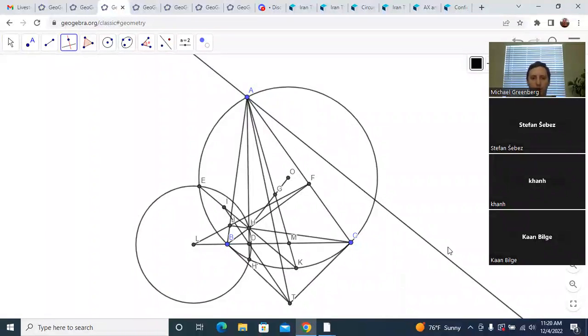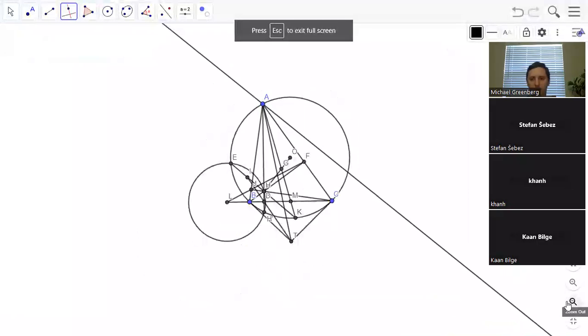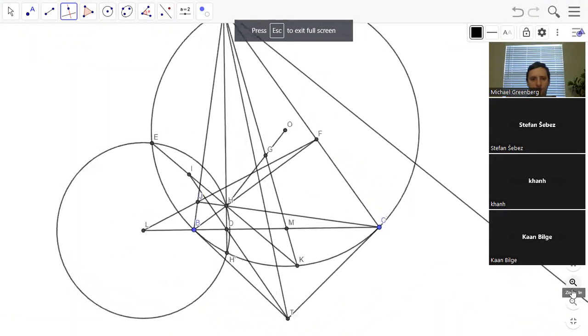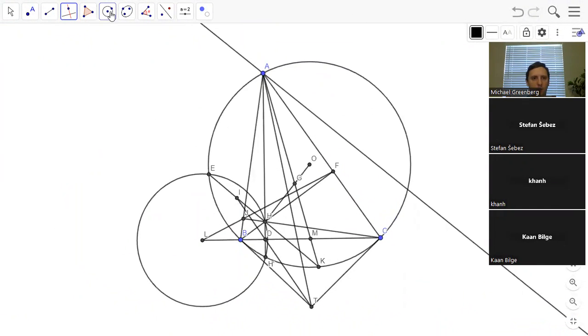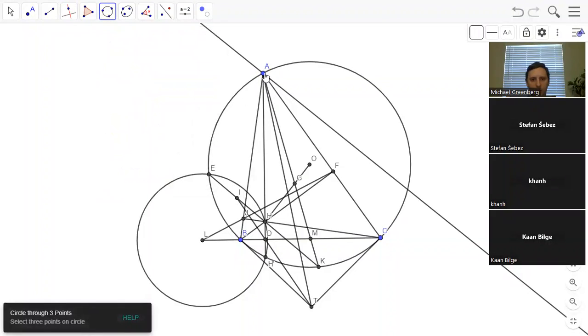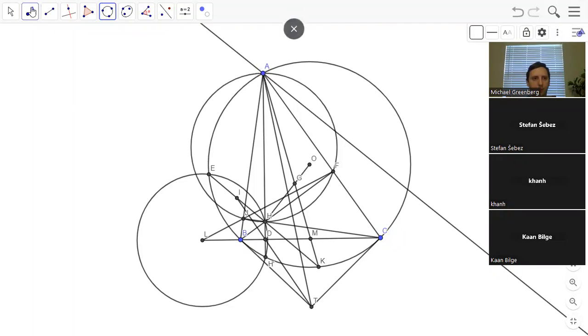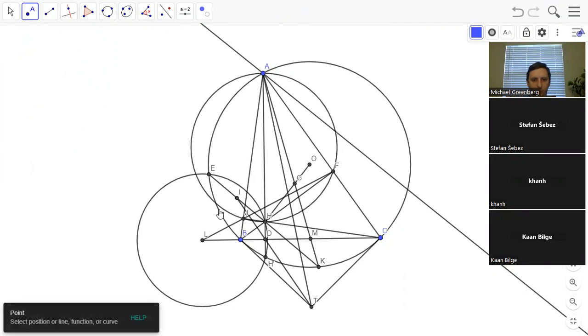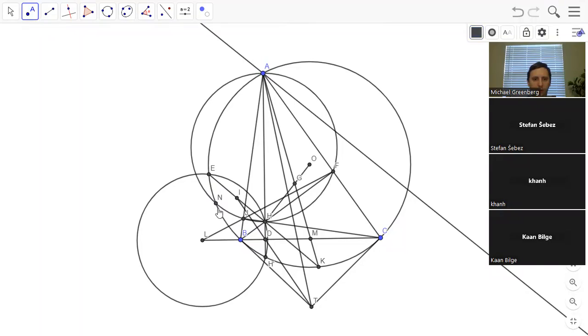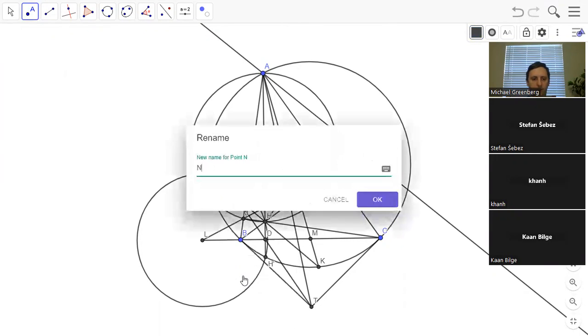Okay, so let's see. So AH. We want to show that Q, I, and G are collinear.